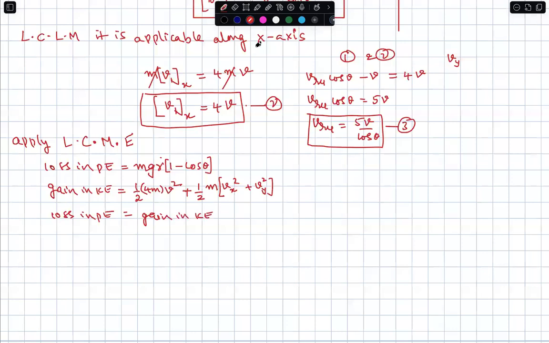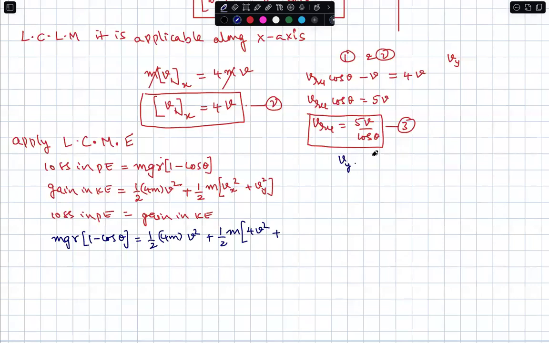According to the law of conservation of mechanical energy, loss in potential energy is gain in kinetic energy. So mgR times 1 minus cos theta is half of 4m V square plus half m times Vx square, which is 4V square, plus Vy square.